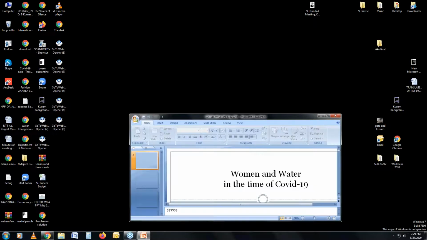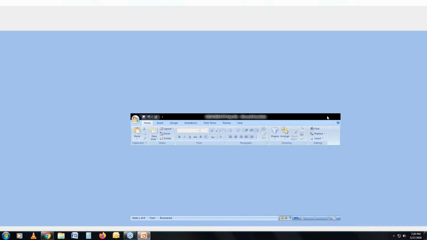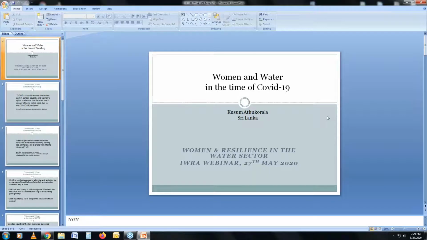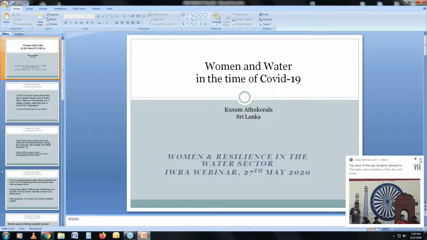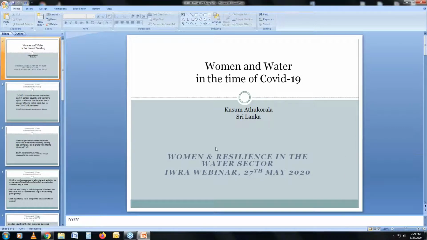Yes, sorry, but the computer is very, very slow. Click on this little icon on the right-hand side, on the bottom of your screen. Click it. I'm sorry, it's not opening. It's very slow. Just go ahead and present. I think it doesn't matter. Just get going. Okay, can I start now? Yes, please do.